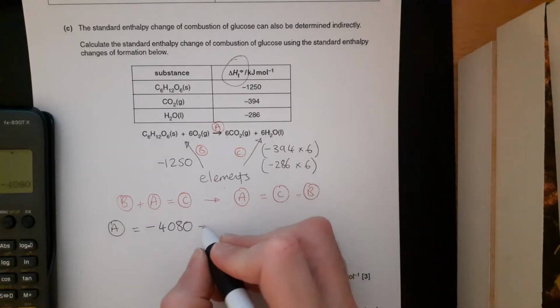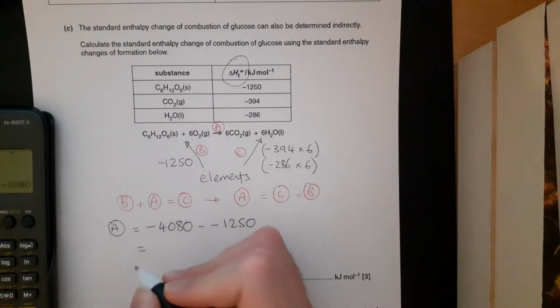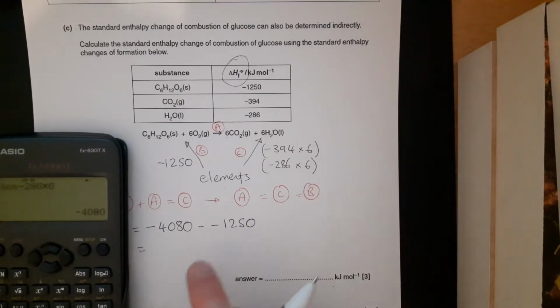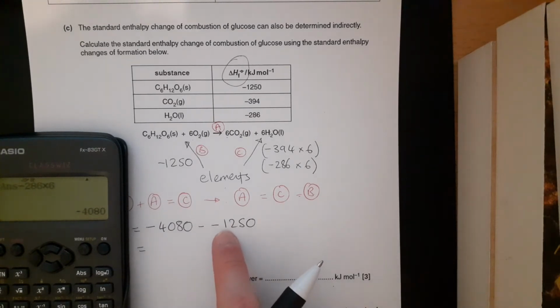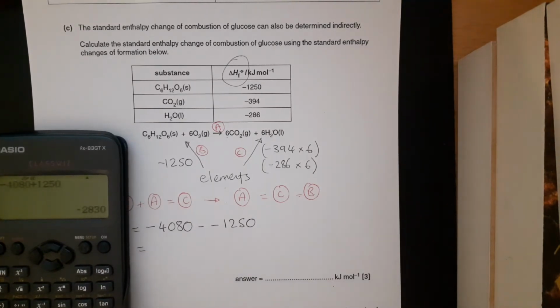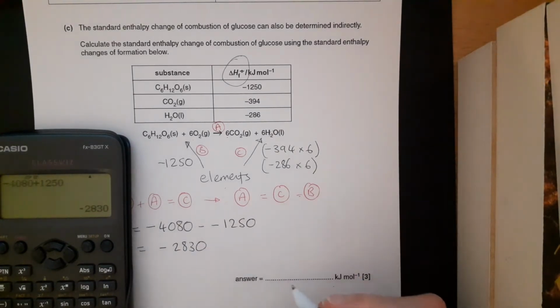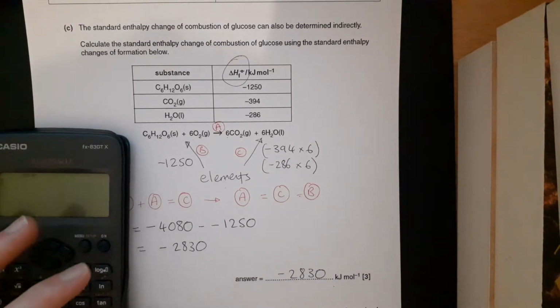Minus B. So minus 1250. So we're going to add on 1250 essentially. Oh, I've just messed that up. Minus 4080 plus 1250. Yep, so we get minus 2830. And that is our value.